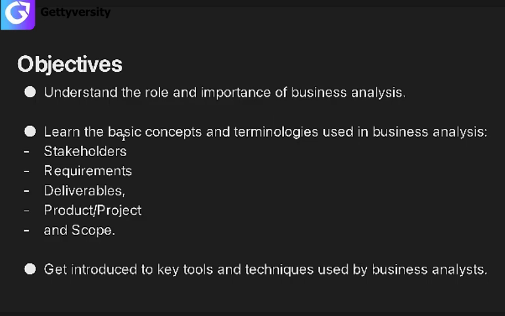And if we look into the roles of scope and why it is important in the business analysis field, it helps to manage the project scope to ensure that all necessary tasks are completed while avoiding scope creep, that is uncontrolled changes or continuous growth in project scope.